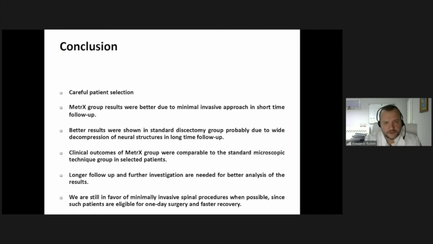Longer follow-up, of course, is still needed for better analysis of these different surgical techniques.